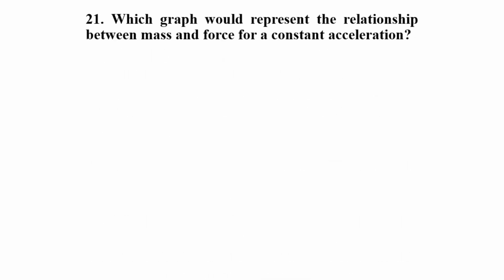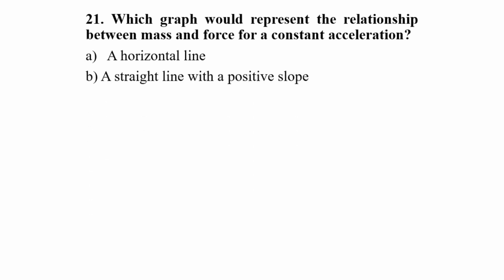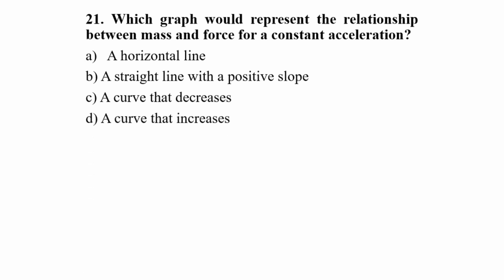Question number 21. Which graph would represent the relationship between mass and force for a constant acceleration? A. A horizontal line. B. A straight line with positive slope. C. A curve that decreases. D. A curve that increases.